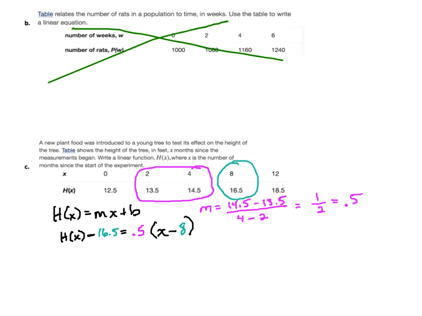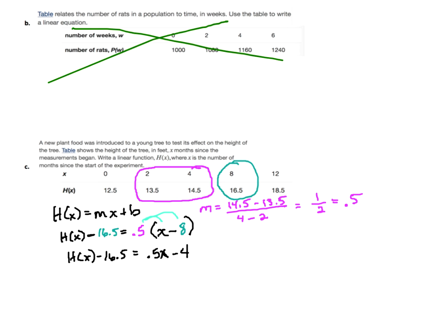Okay. Now I'm ready to distribute here and here. And that gives me h of x minus 16.5 equals 0.5x, and then 0.5 times negative 8, so this is half of 8, is negative 4.